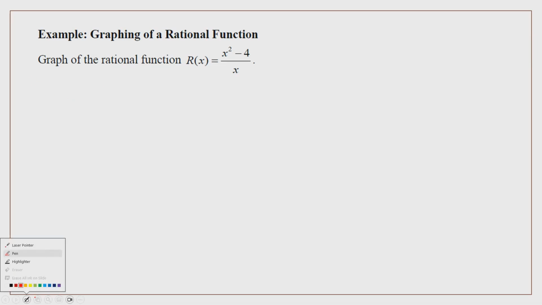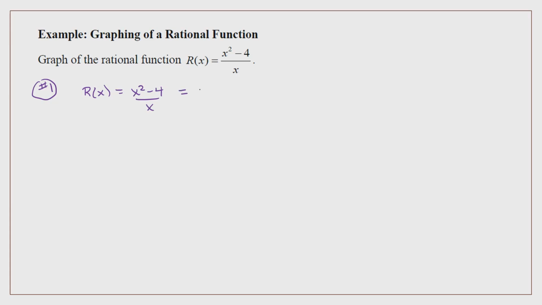Alrighty. So let's take r of x and let's factor it. So the numerator is the difference of squares, so that would be x minus 2, x plus 2, divided by x. Okay.